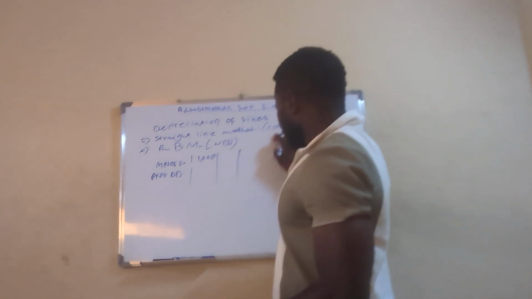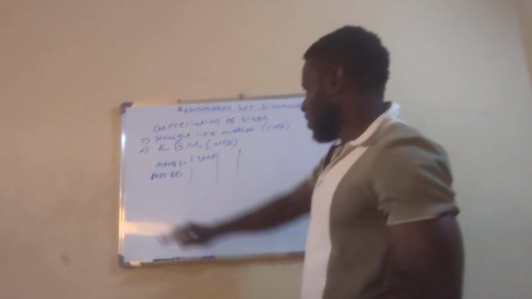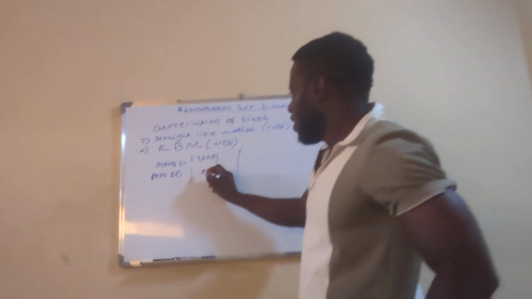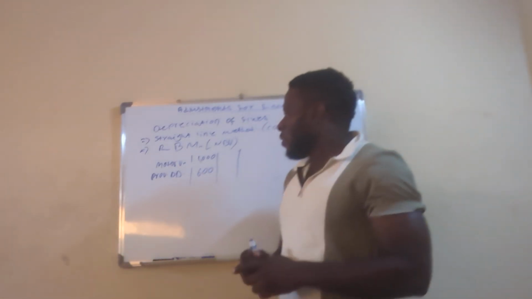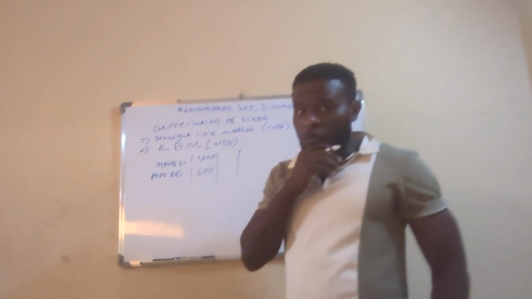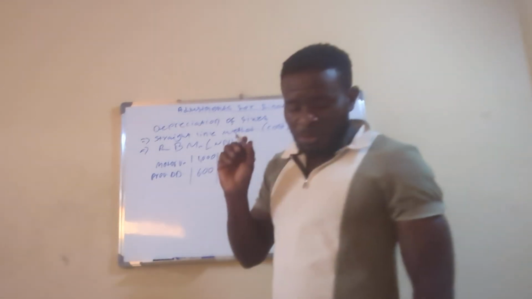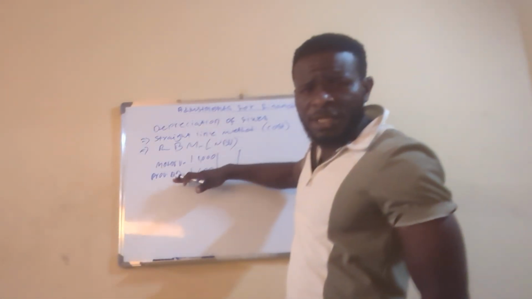So in this situation that we've been presented with, the accumulated depreciation, the provision for depreciation, is 1,600. You are told in the additional information that this is the accumulated depreciation.